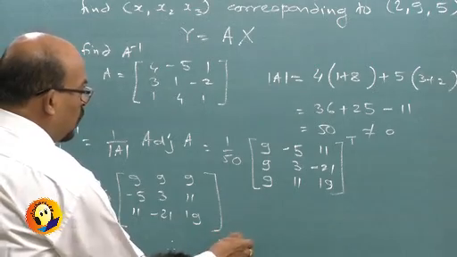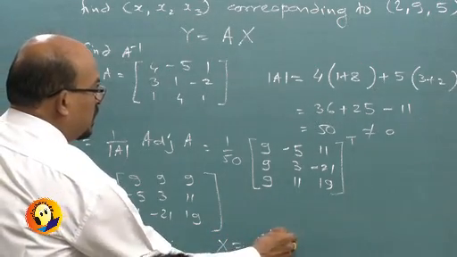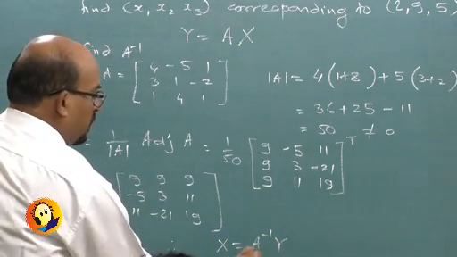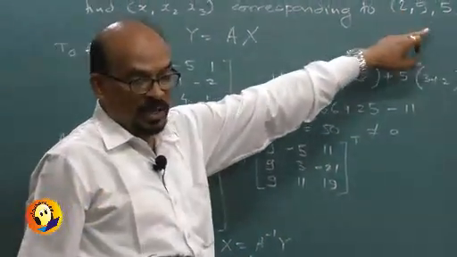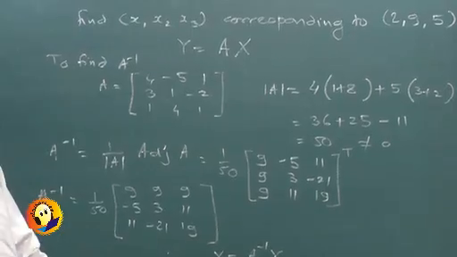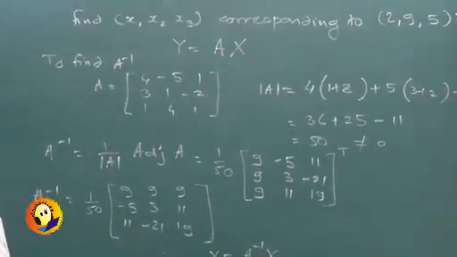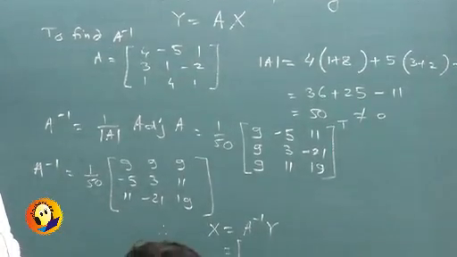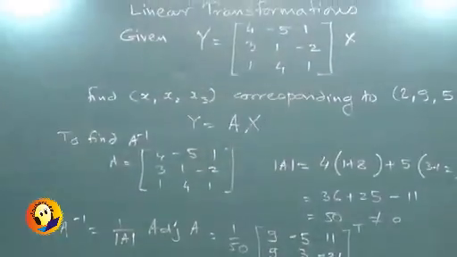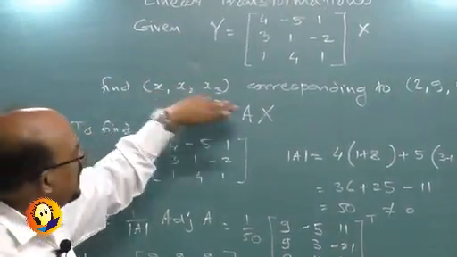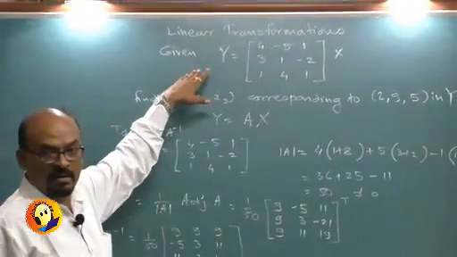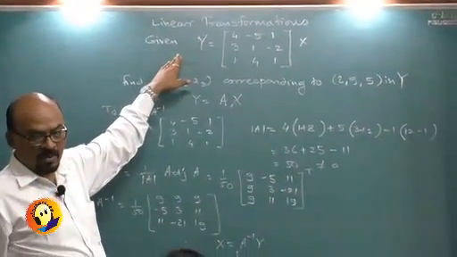And then we can say, therefore, x is equal to A inverse y. So substitute A inverse, substitute this point 2 9 5, multiply, and you will get x1 x2 x3. Had he been giving us x1 x2 x3, then the job would have been simple, just substitute and you will get y, but he will always give it the other way around.